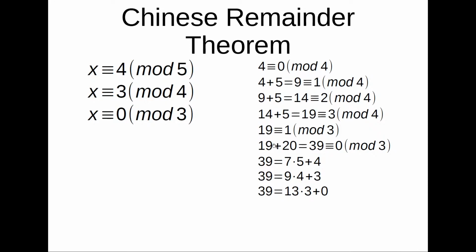You have to add 20 each time, and then the next number is 39, which then when you divide it by 3, you get 0. So then you have 39 is 7 times 5 plus 4, which means it's congruent to 4 mod 5. It's 9 times 4 plus 3, which means it's congruent to 3 mod 4. And it's 13 times 3 plus 0, which means it's congruent to 0 mod 3.